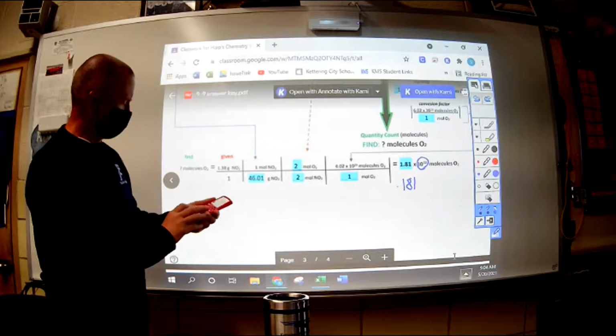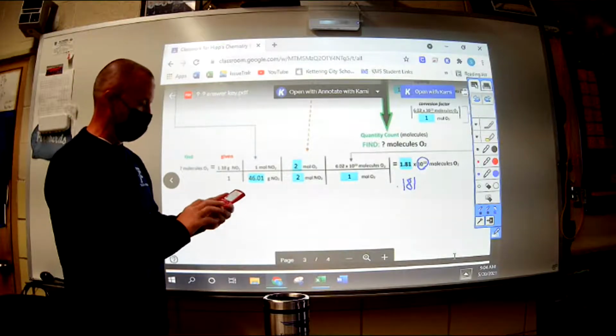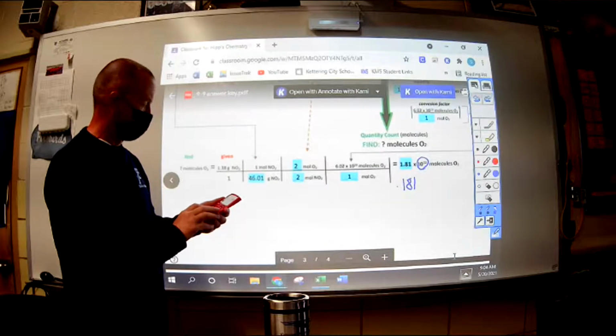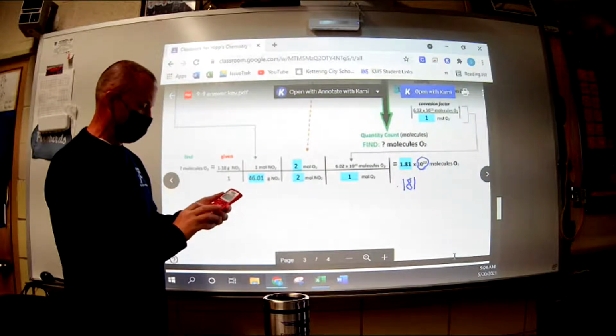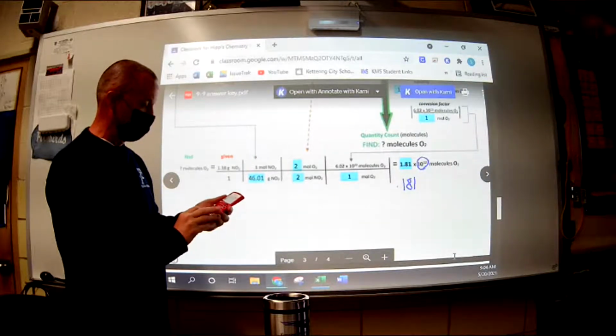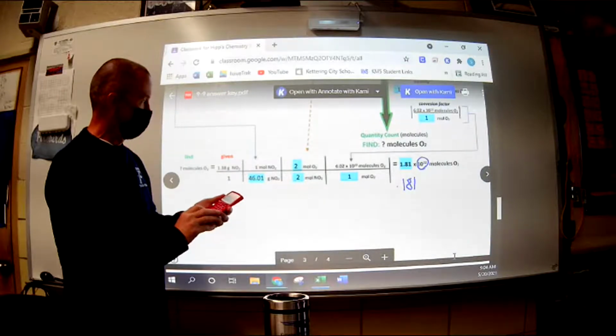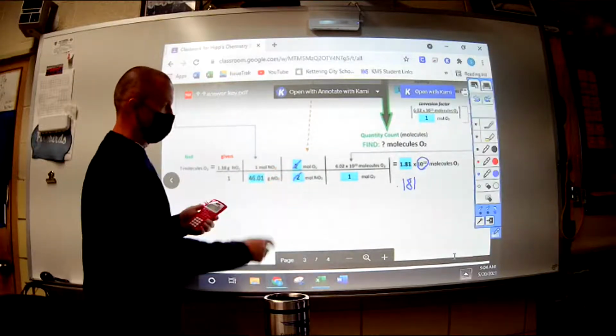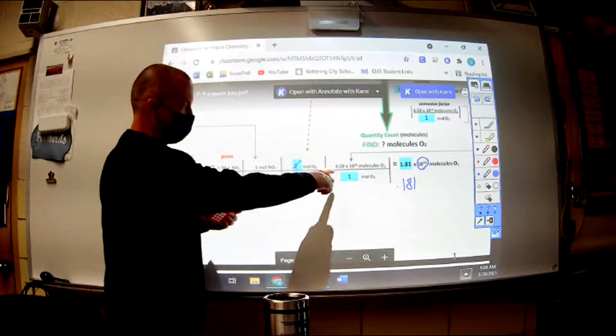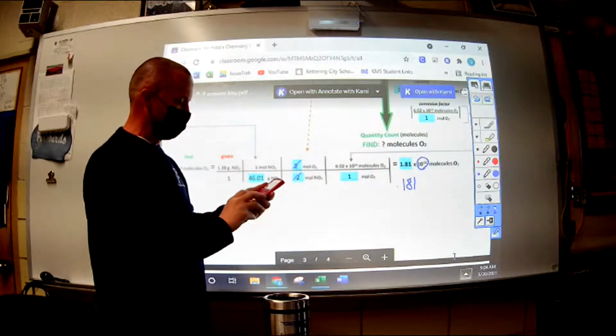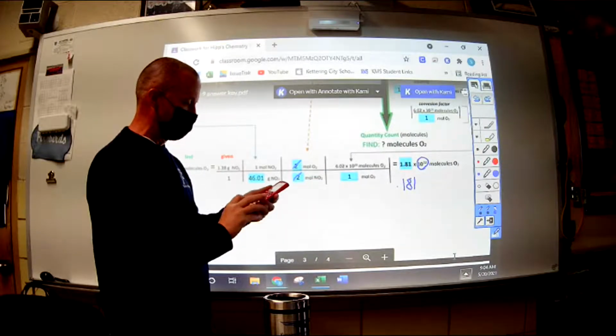All right, so we have 1.38 divided by 46.01, yes? These twos actually cancel. And we have 6.02 there. It probably should have been 6.022, but it's 6.02.